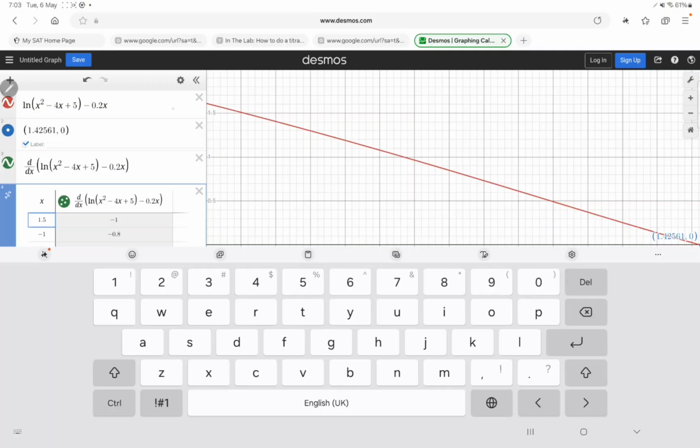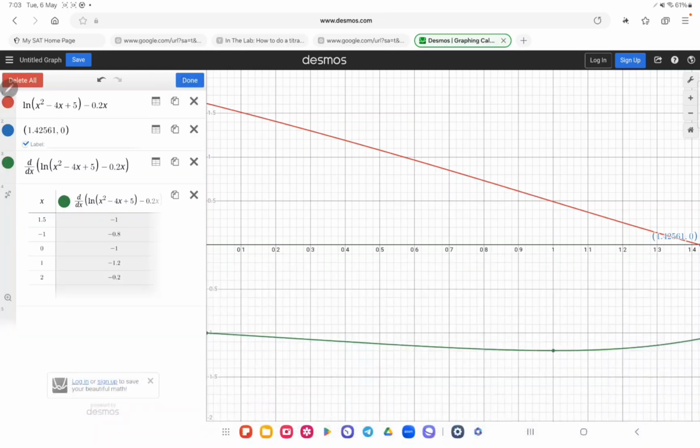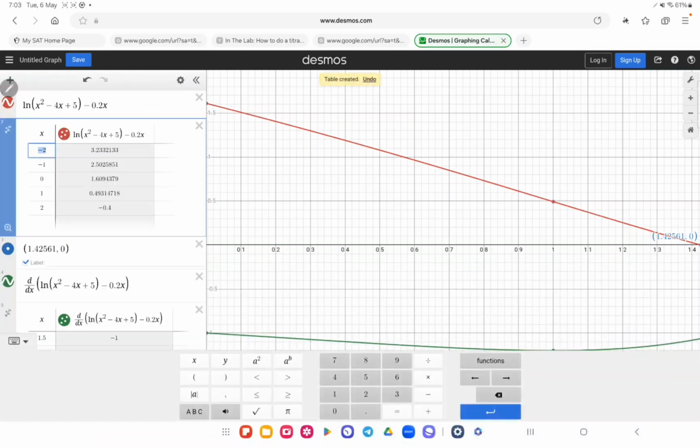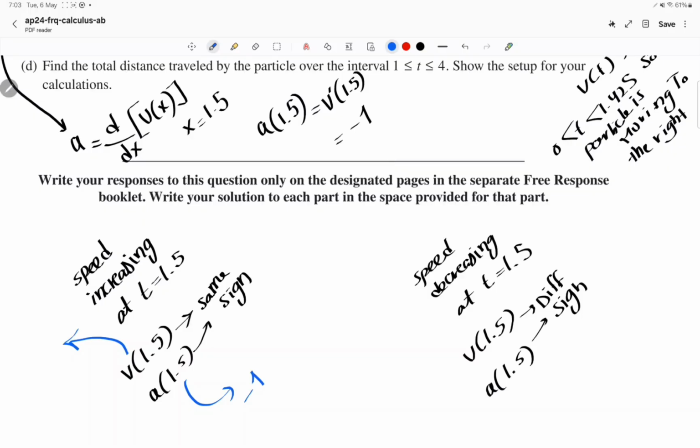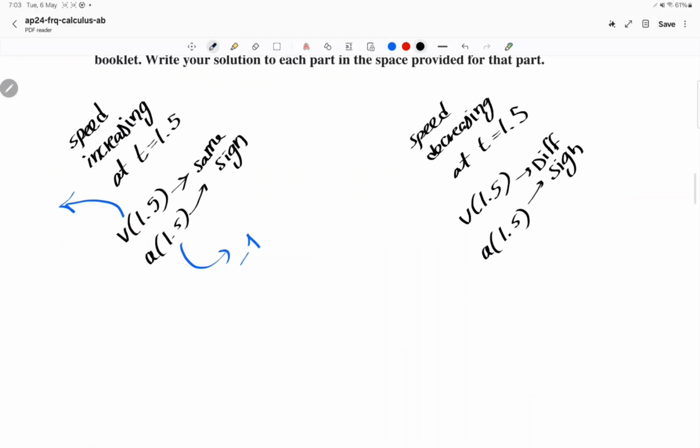So back to Desmos, go to your velocity equation, click on the settings bar, look for table, and write 1.5. Our velocity is -0.076. So now we're going to say that the acceleration at 1.5 is -1, and the velocity at 1.5 is -0.076.